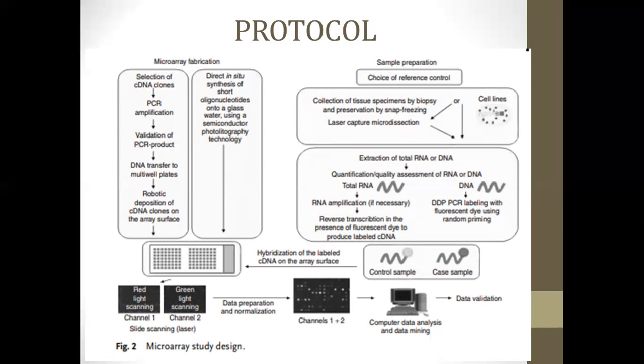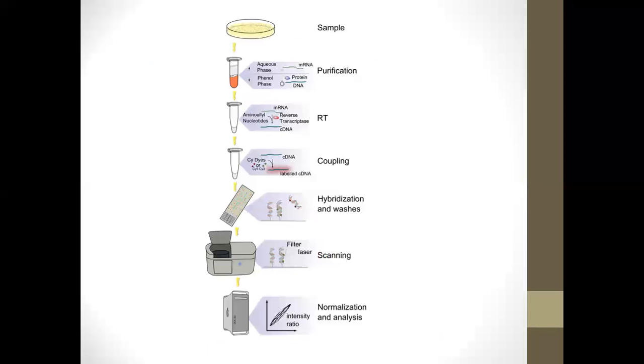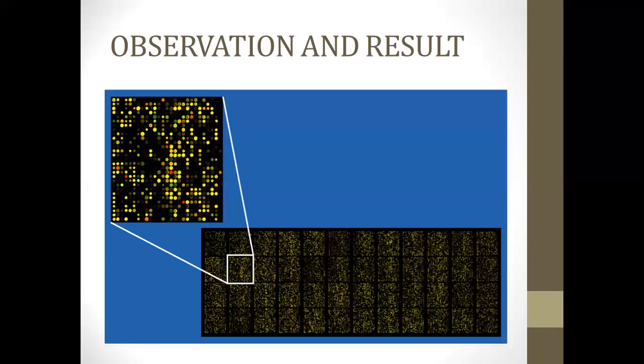Both of the cDNA obtained from the samples are added to the cDNA chip, and then you do your screening, which is the study of your fluorescent probe, and then you obtain your results. So this is a flow chart explaining how your DNA microarray works.